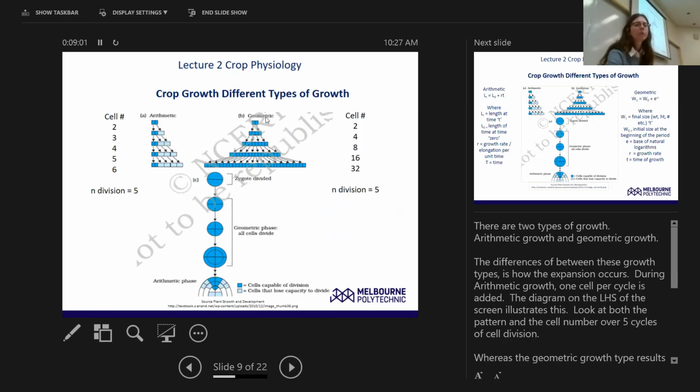Geometric is where you divide in 2 through each cycle, so you go 2, 4, 8, 16, 32. Which one of them has a better growth rate? Geometric, yeah. It's a simple and obvious question perhaps, but that's what it does.